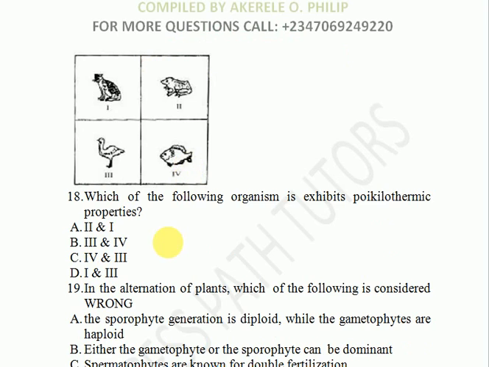Do we have that here? That must have been a mistake. It should be 2 and 4. 2 is amphibia, cold-blooded. 4 is fish, cold-blooded. Please pardon my mistakes, but thank God they are corrected. That's why we are doing it together.